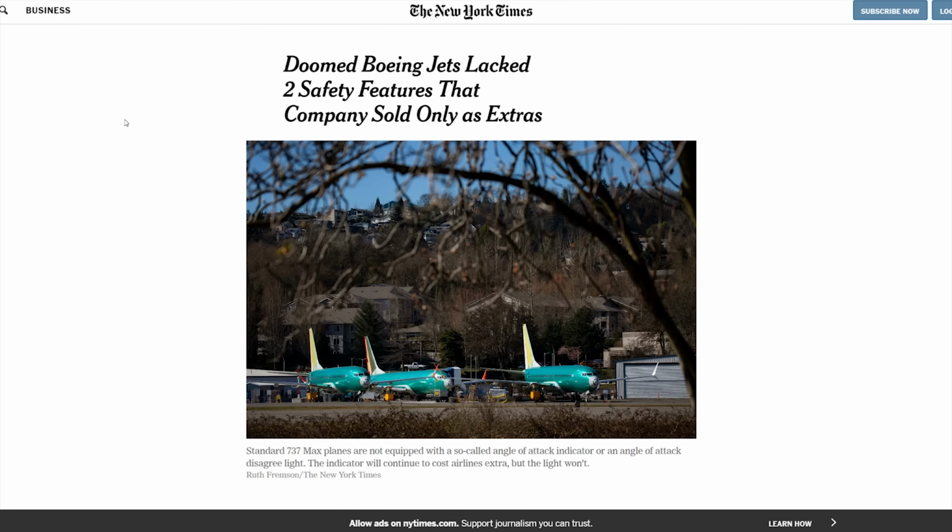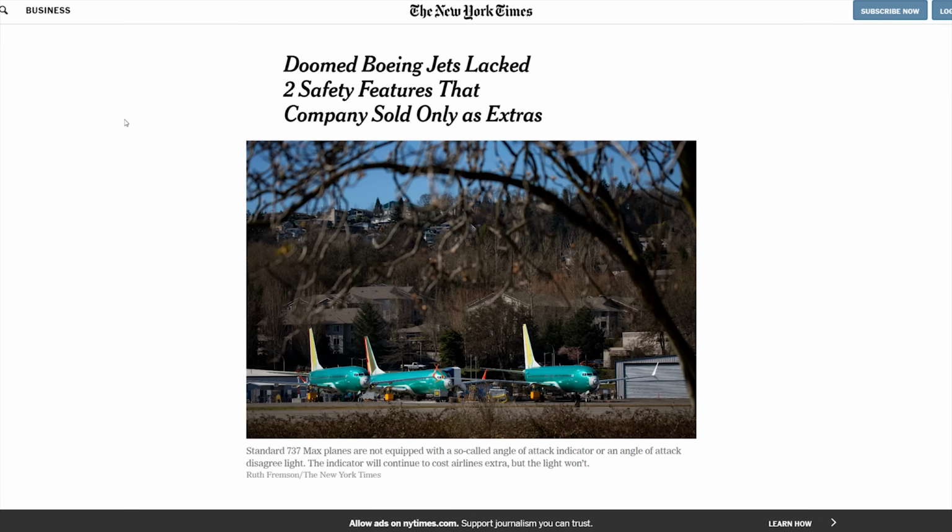The New York Times article says doomed Boeing jets lacked 2 safety features that companies sold only as extras. And that's a real thing. They were charging extra money for additional safety features. Now, in Boeing's defense, the FAA and all the regulatory bodies said these planes were good to go without these additional safety features. So in Boeing's way, they were saying, well, the plane was already supposed to be super safe.